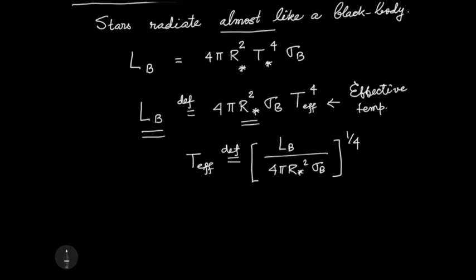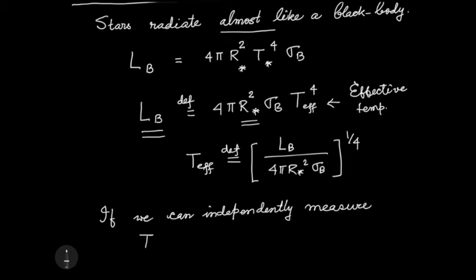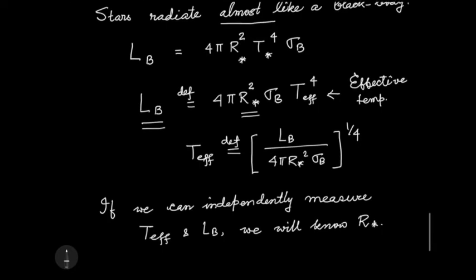And in that case, if we can independently measure T effective and L B, we'll know the radius of the star. So we'll see that knowing the radius will be very important for us.